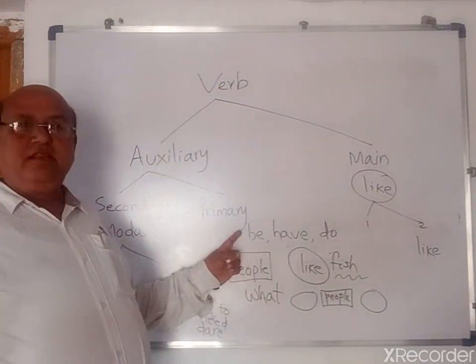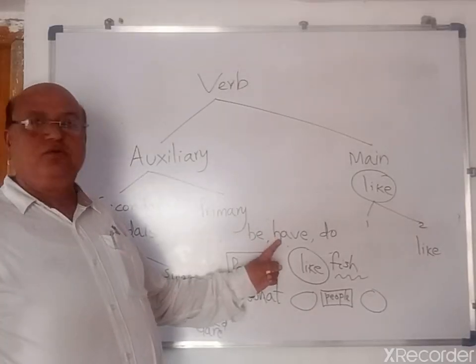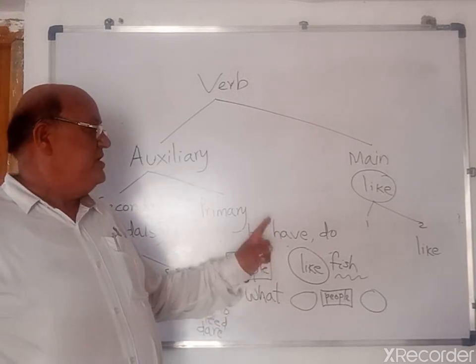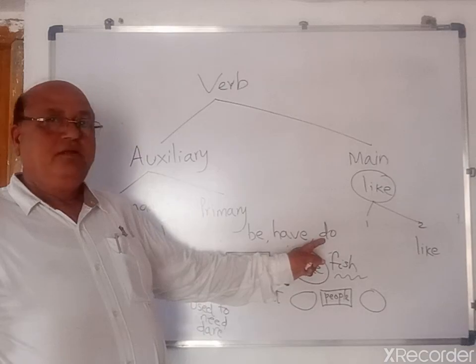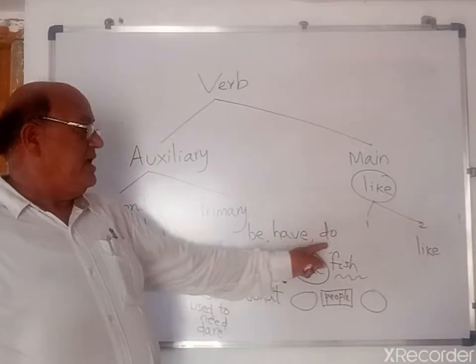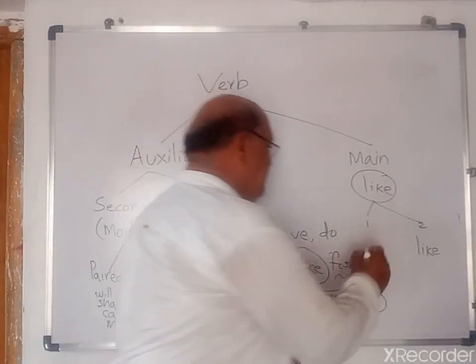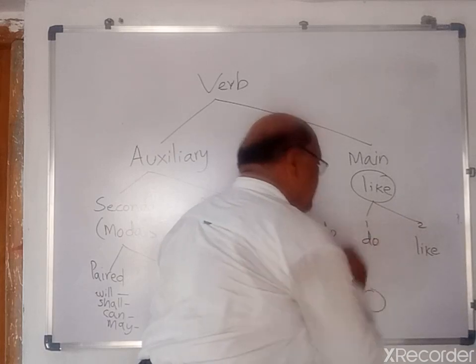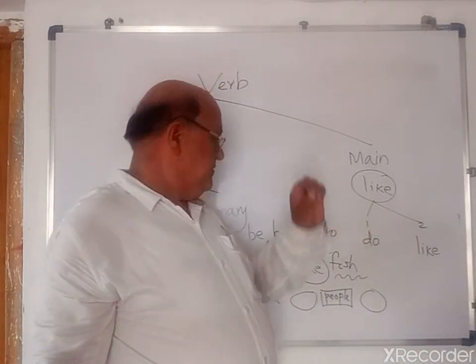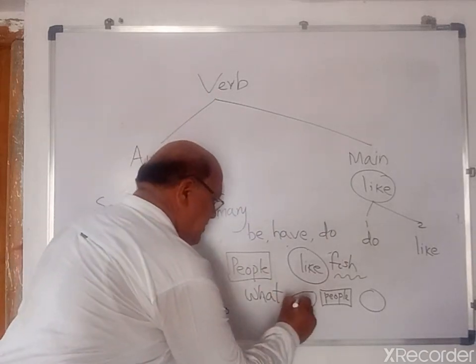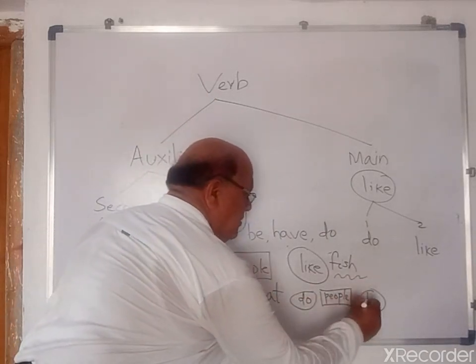As we do not have any be verb, as we do not have any have verb, we need do type here. This is present tense. We will have to write do. If this becomes past, we have to write did. So the answer will be: what do people like?